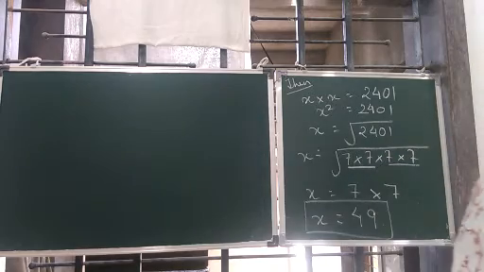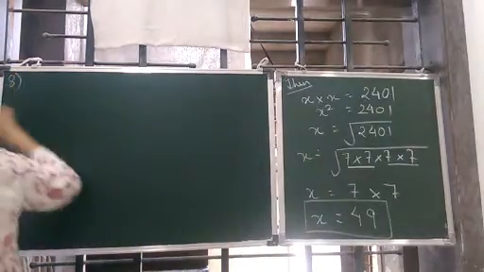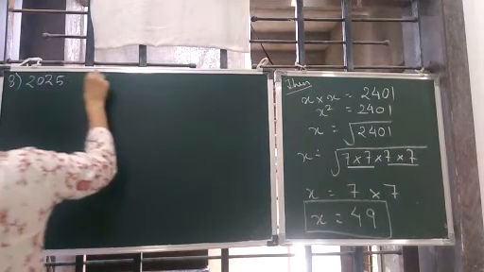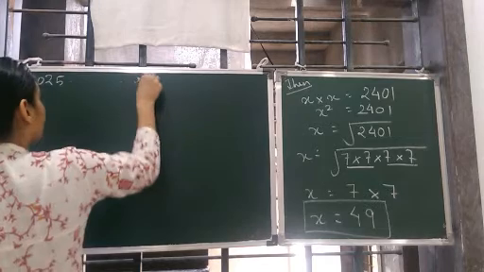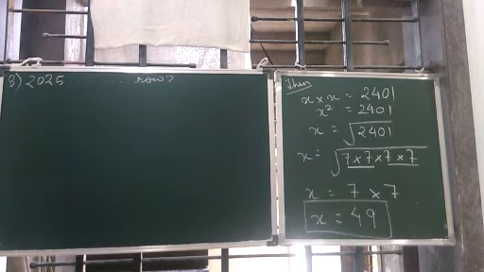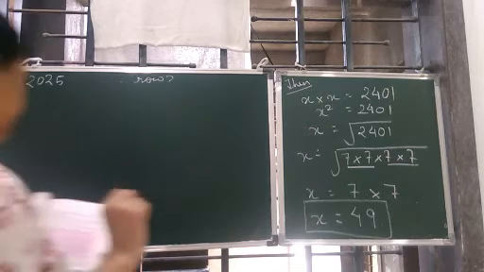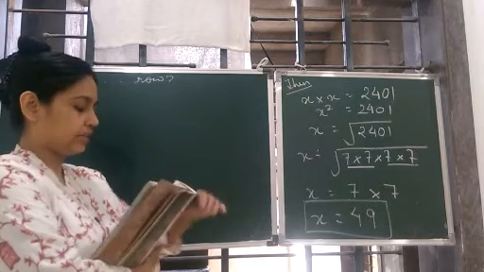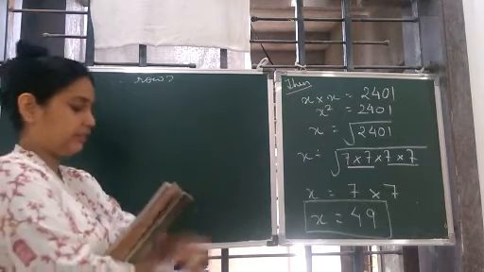Now we start with the next question, question number 8. Plants are to be planted in a garden. एक garden में 2025 plants have to be planted. पेड़ लगाने हैं इतने सारे. In such a way that each row contains as many plants as the number of rows.